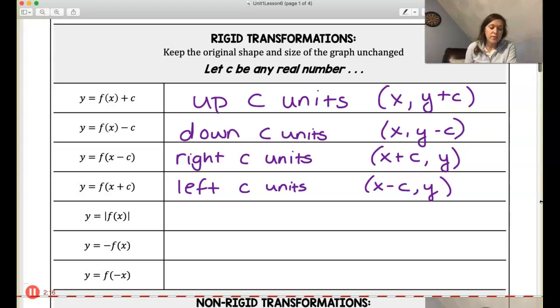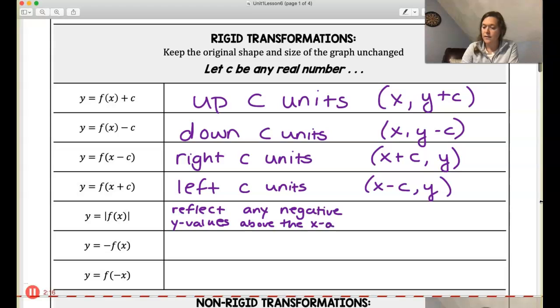Taking the absolute value of y. Whenever we take the absolute value of y, this is when we are going to reflect any negative y values, which ultimately means that we're going to end up with something above the x-axis, sorry, not the y-axis, the x-axis, because you're going to be taking all of those negatives and flipping them up.